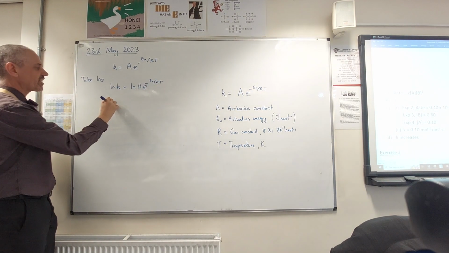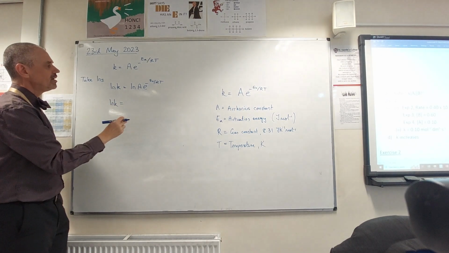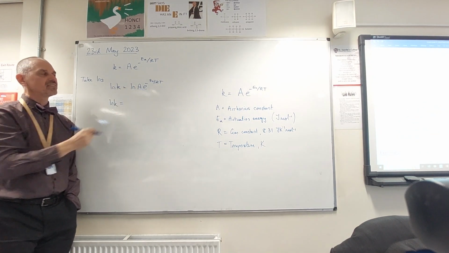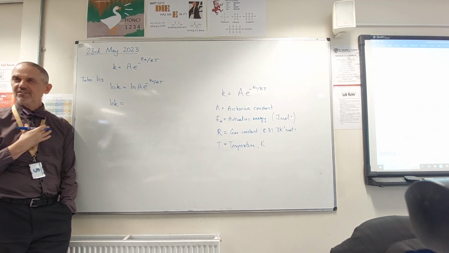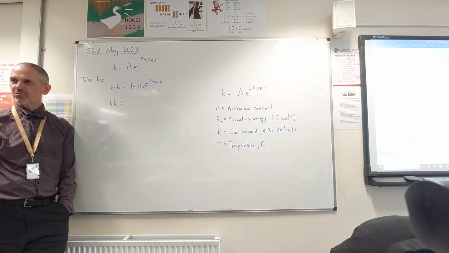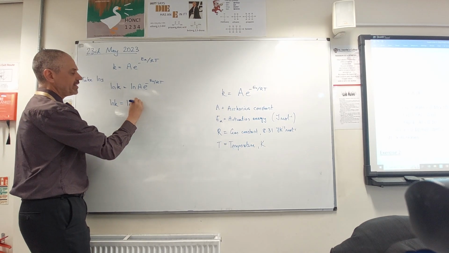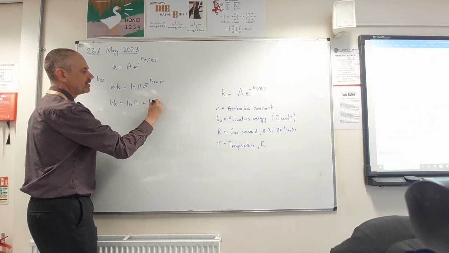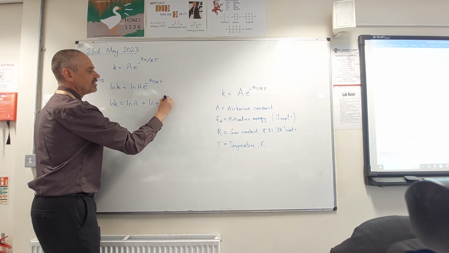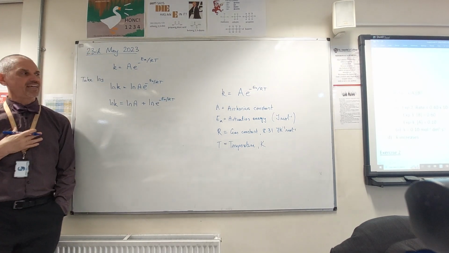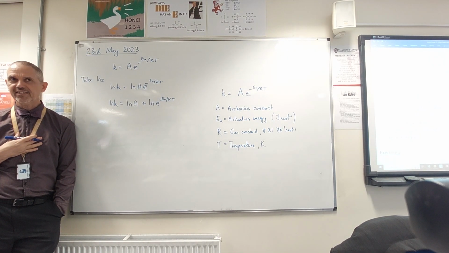Well, log k is just log k. I can't simplify that at all. But if I've got two things multiplying each other and I want to separate them, what's the rule there? Okay, so that would be log A plus log e to the minus Ea over RT.